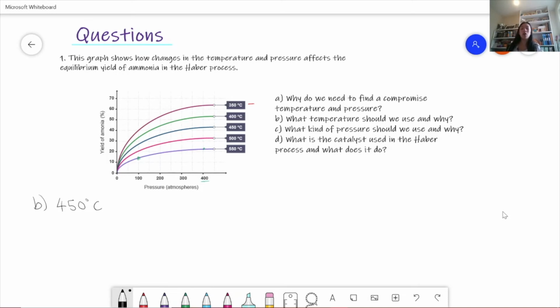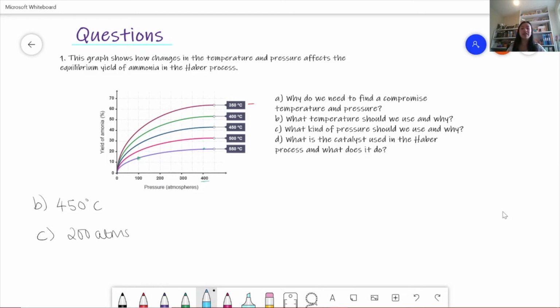For C, what kind of pressure should we use and why? So the pressure we use is 200 atmospheres. And that's because it's a good balance of having a good amount of yield of ammonia, but also not being too high for it to be unsafe and for it to cost lots.